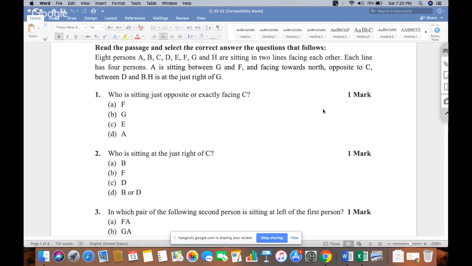So the first one is A. Give me the answer of the second one.